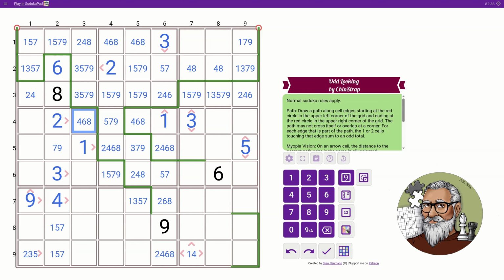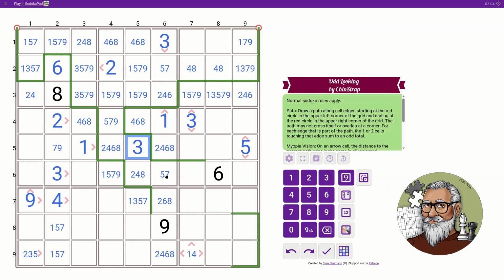Right. Does it help if I keep on saying this? Is this the only place with a three? This isn't three, and that isn't three. This isn't three.